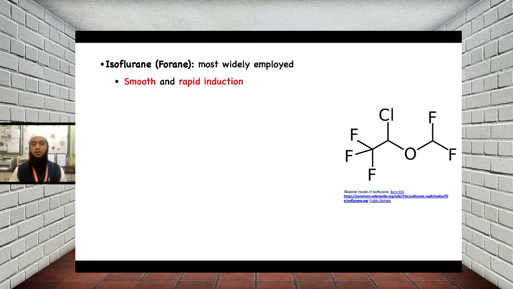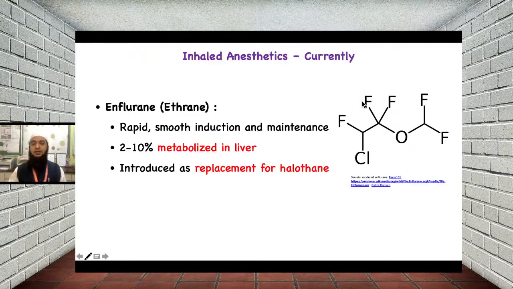Next drug is isoflurane. If you see the structure of isoflurane and enflurane, there is not much difference. Here also there are 5 atoms of fluorine and 1 atom of chlorine. Now what is the change in this structure? Just a change in the position of the chlorine.